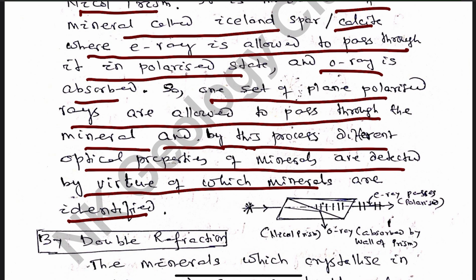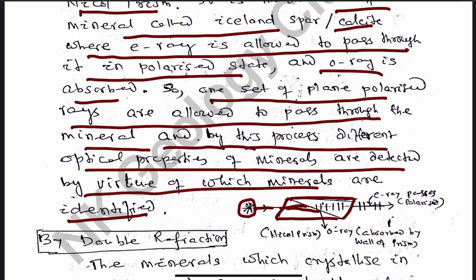If this is the ordinary light, and this is the nickel prism, when this light enters into this mineral, which is calcite, which crystallizes in the hexagonal system, the light is doubly refracted.